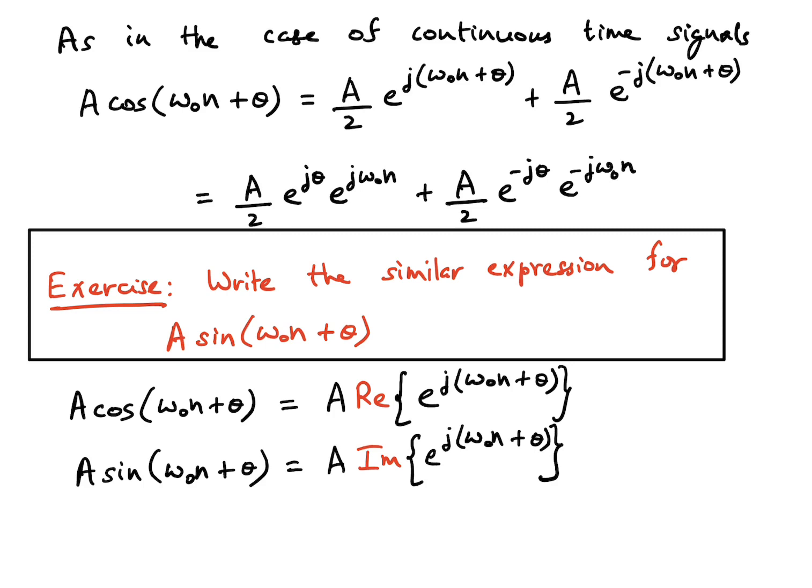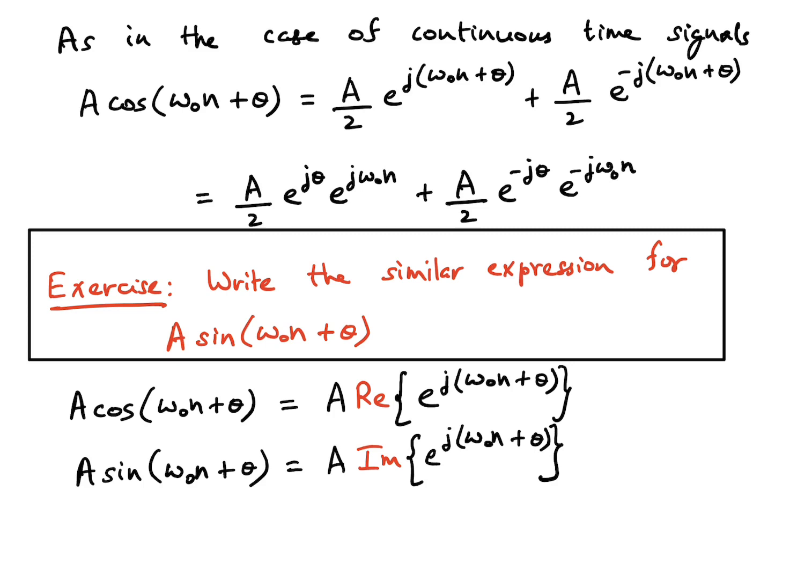And again, as in the continuous time case, the cosine term can be represented as the real part of the complex exponential, and the sine term is the imaginary part of the complex exponential. And when it has an amplitude of a, the real part and the imaginary part get multiplied by that factor a, which is the amplitude of the signal.